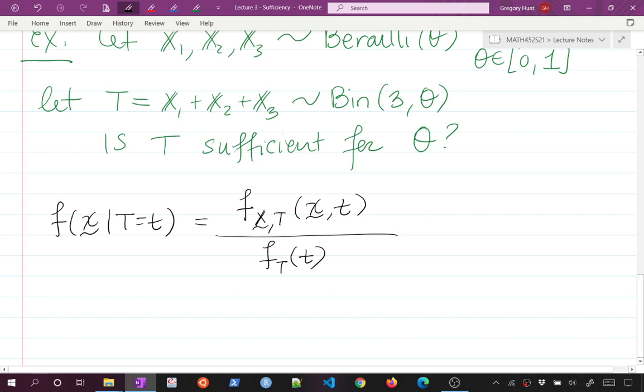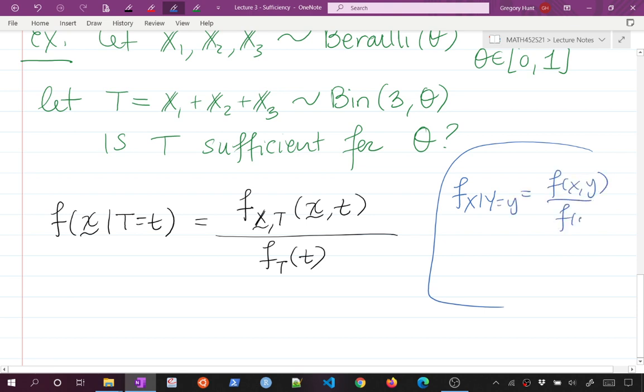This is just a 451 fact that f of x given y is little y is f of xy over f of y. Our notation is a little more cumbersome with t's, with these x tilde, but that's all it is.